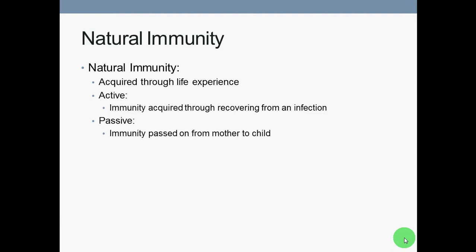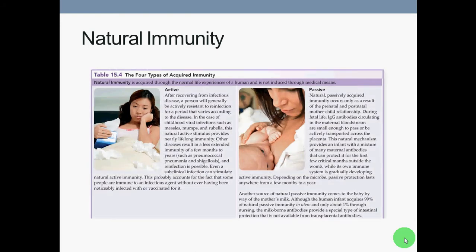An example of passive natural immunity would be immunity passed on from mother to child. So in breast milk, for example, there are antibodies passed on from the mother to the child, which provides limited protection to the child from certain diseases. Active is recovering from an infection. Passive would be passed on from mother to child.